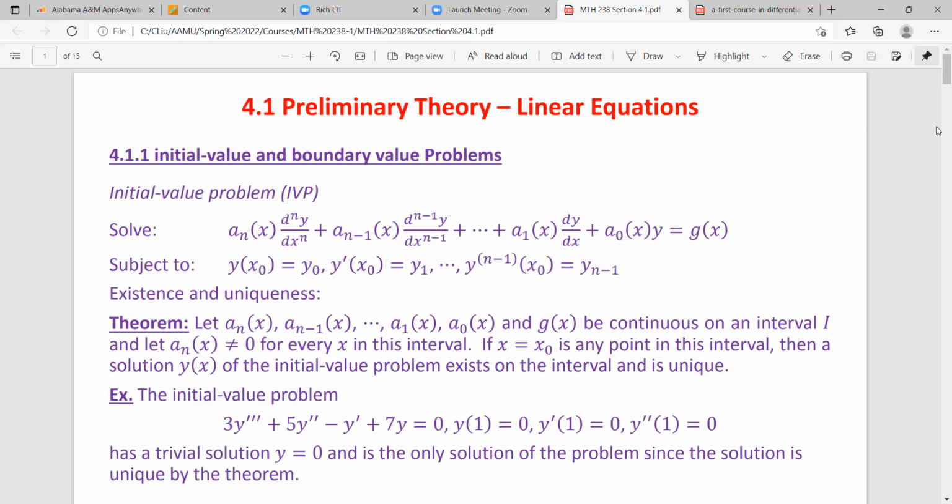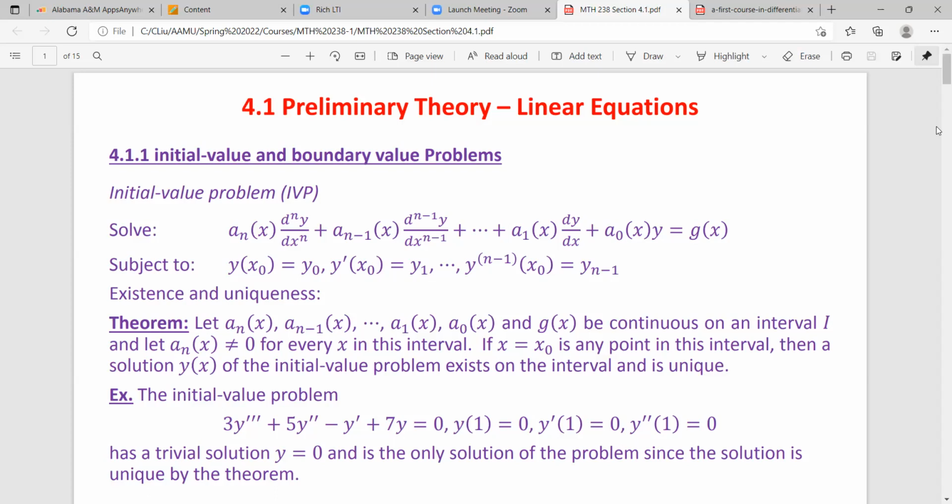You can write the general form of the equation as a_n(x) times d^n y over dx^n, plus a_{n-1}(x) times d^{n-1} y over dx^{n-1}, plus all the terms of derivatives of y down to a_1(x) dy/dx plus a_0(x) times y equals g(x).